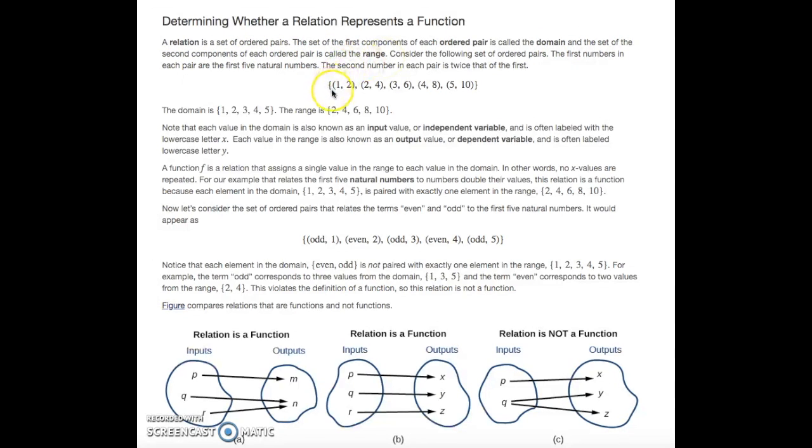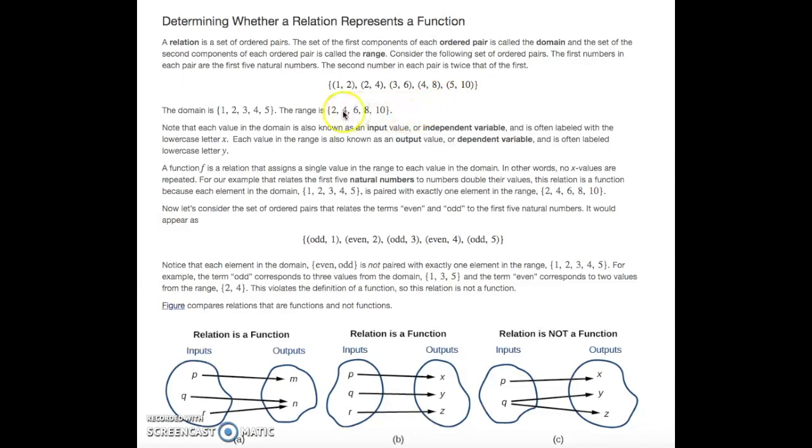So if we look just below, we actually have an example of a relation. This 1, 2 represents one ordered pair. Similarly, this 2, 4 represents another ordered pair, and the set of these ordered pairs together is called a relation.